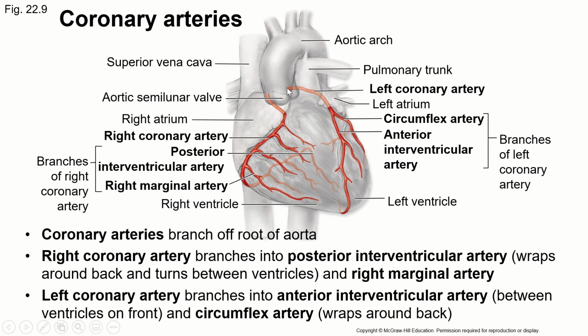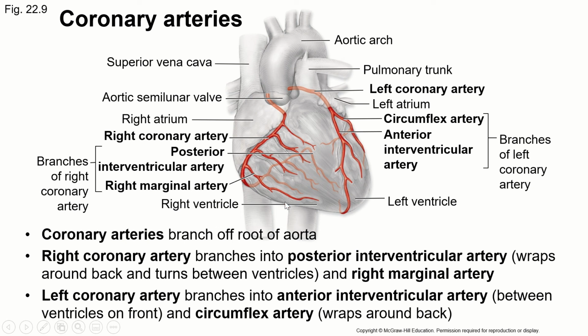The left coronary artery goes behind the pulmonary trunk and then branches into the anterior interventricular artery, which goes on the front of the heart, down through the sulcus between the right and left ventricles. And then the other branch is the circumflex artery, which circles around the left ventricle.